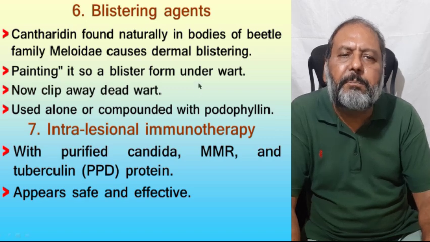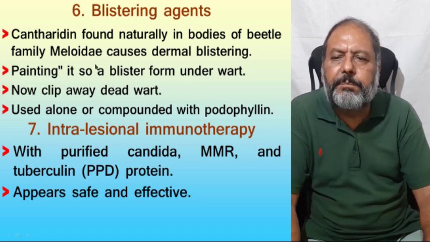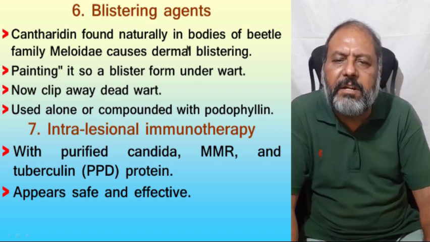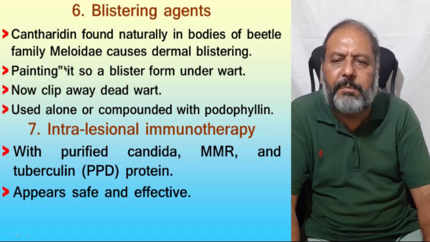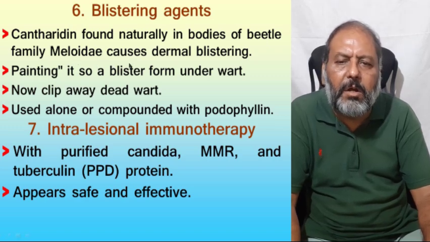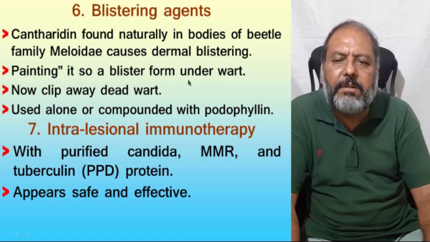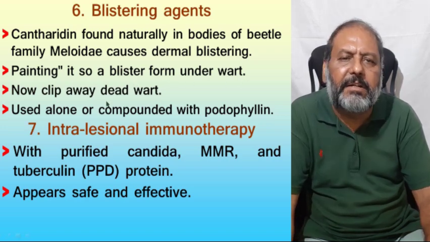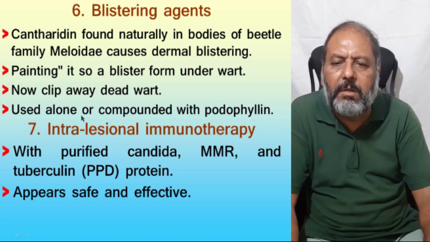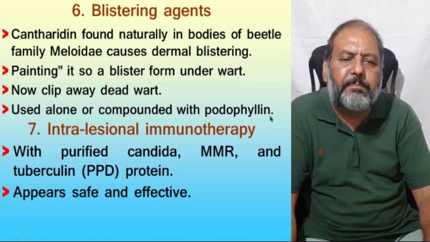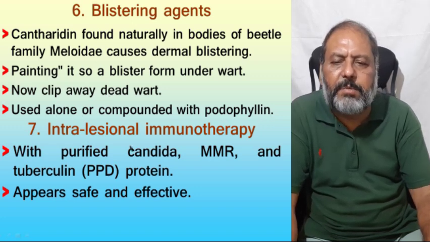Number 6 is the blistering agent. Cantharidin, found naturally in the bodies of the beetle family Meloidae, causes dermal blistering. Painting it on, a blister forms under the wart. Now clip away the wart, which is dead now. It is used alone or sometimes compounded with podophyllin.